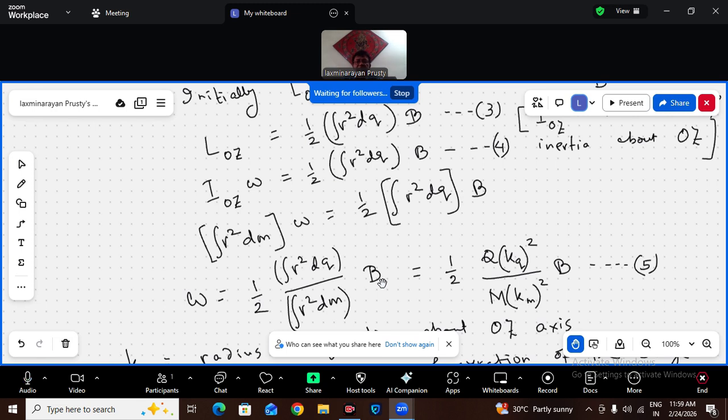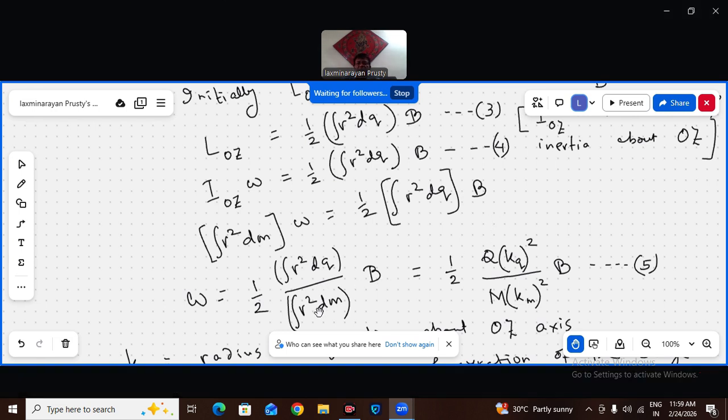Is it okay? So what is r square dm integration? As you know, that is mass into radius of gyration square, radius of gyration about the axis of rotation, call it Km. But similarly, the same argument I can make for the charge distribution also. r square dq I can write as total charge q into kq square.